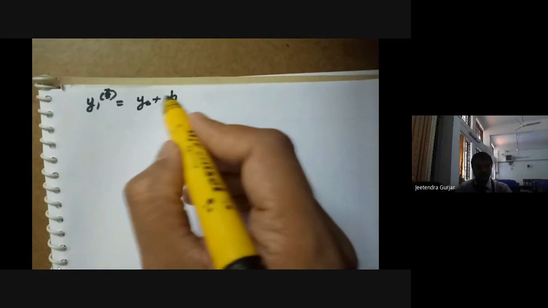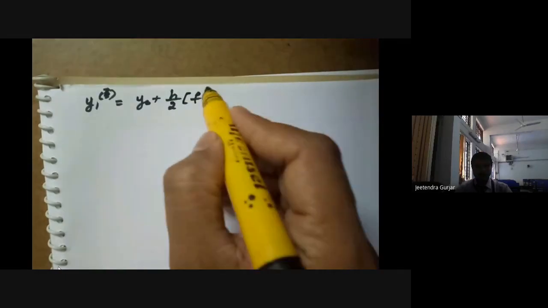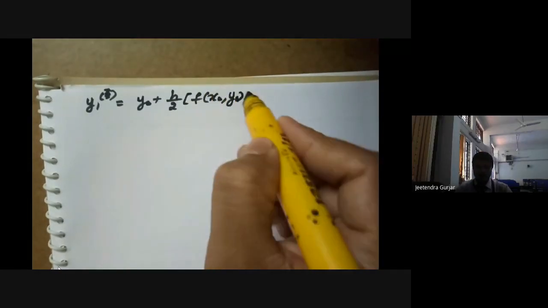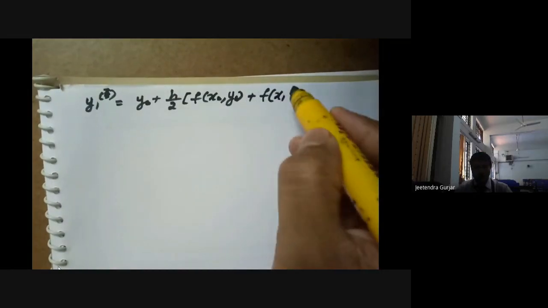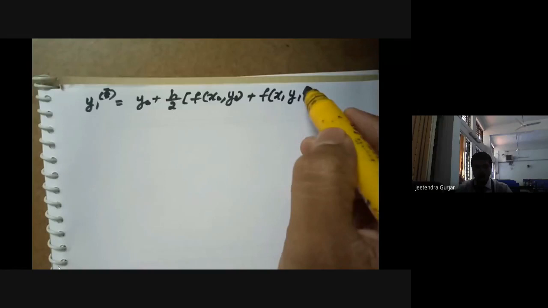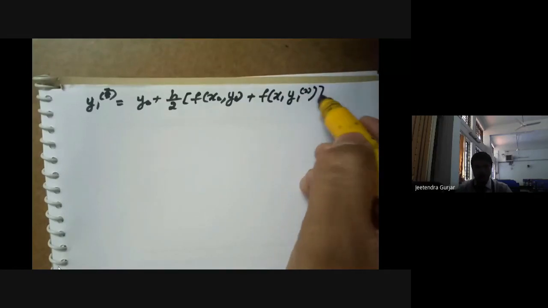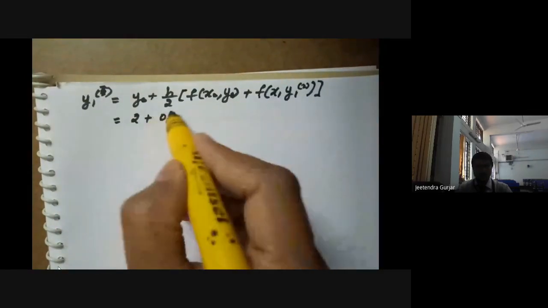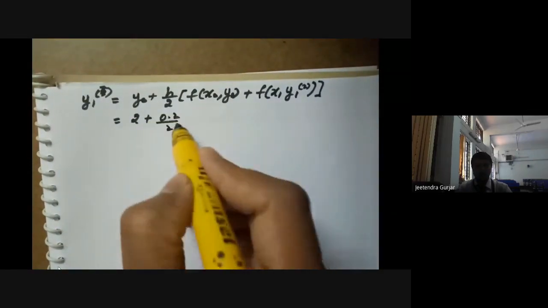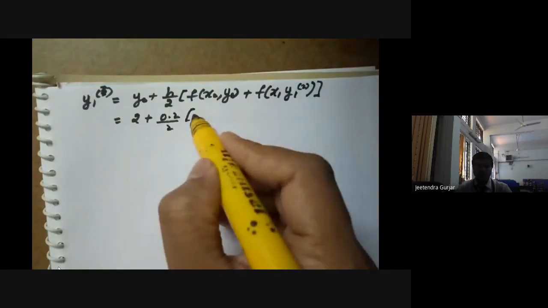So now substitute here the values. Already you remember y0 is given, it is 2, h you know 0.2, then f of x0, y0 is nothing but log of 0 plus 2, plus f of x1, y1 raised to 2, which is log of x1 plus y1 raised to 2.